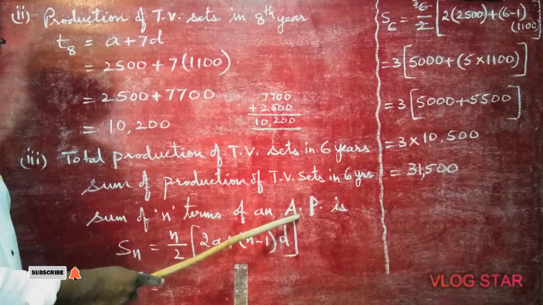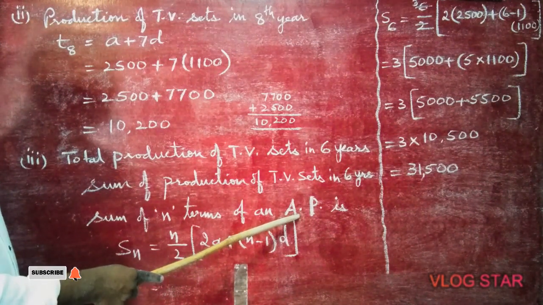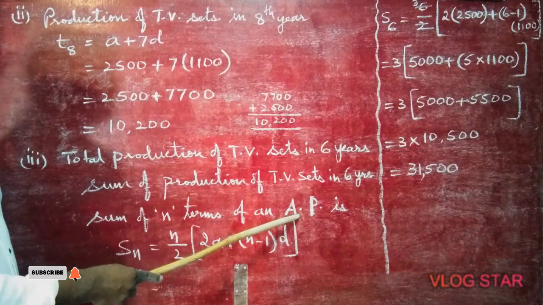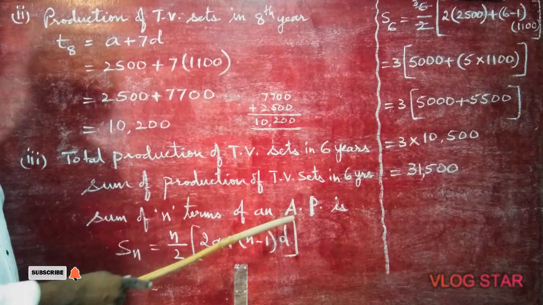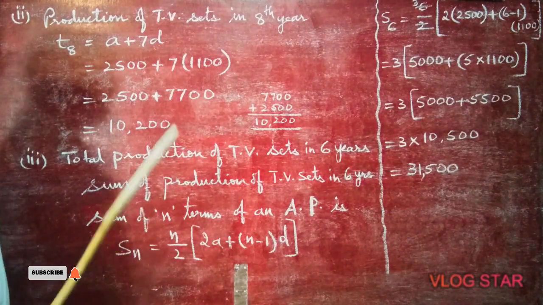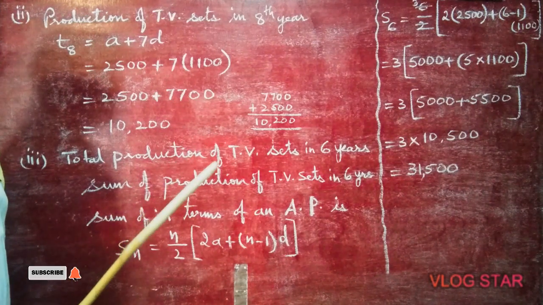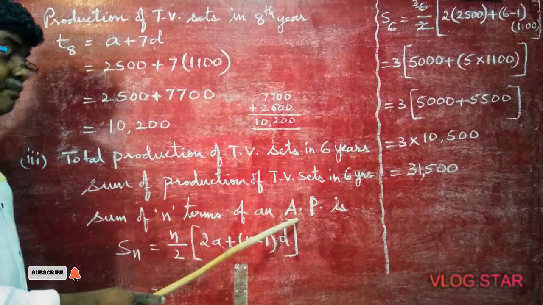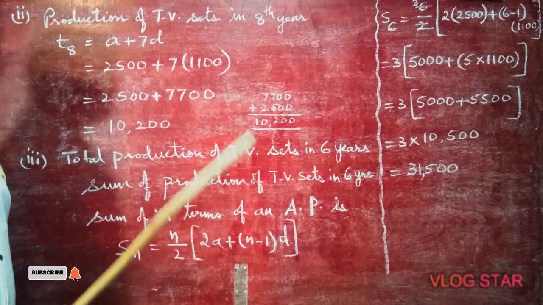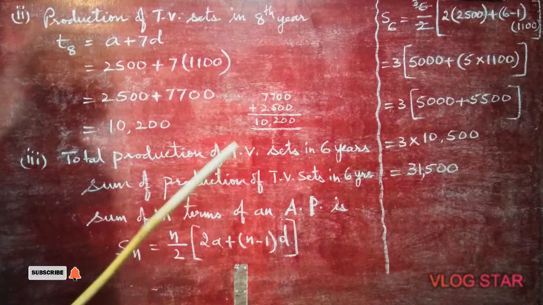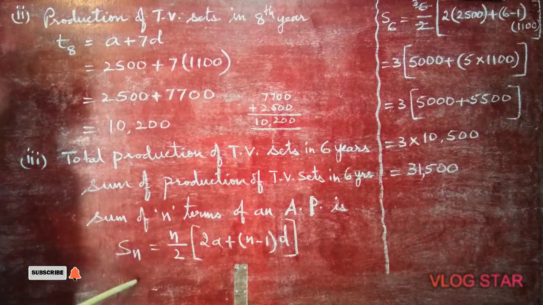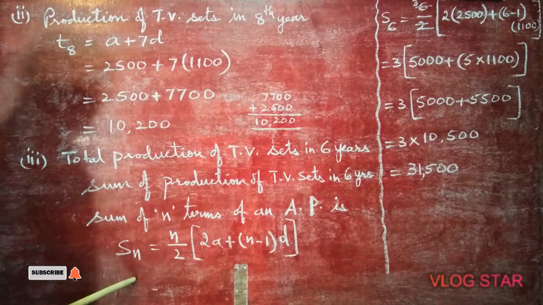In the question they told that the factory increases production of TV sets uniformly every year. Uniformly means the common difference is the same. If it is more one year and less another, it won't be an AP. When it is an AP, d should be the same. So they use that word. Every year production is uniform. Then only we can use this formula. So read the question properly.